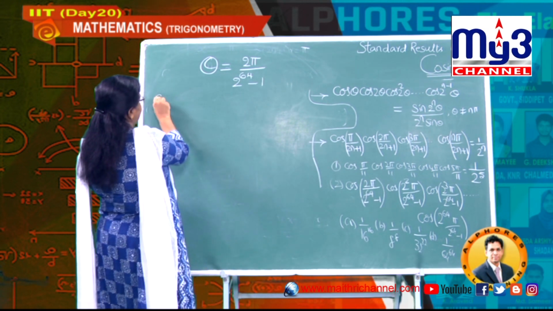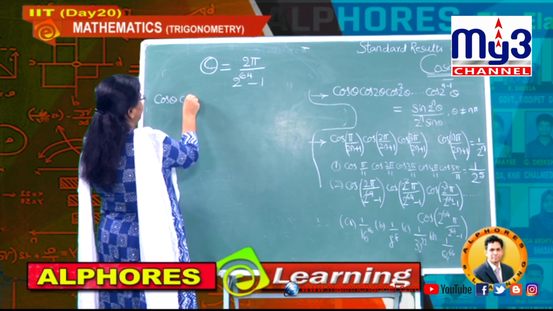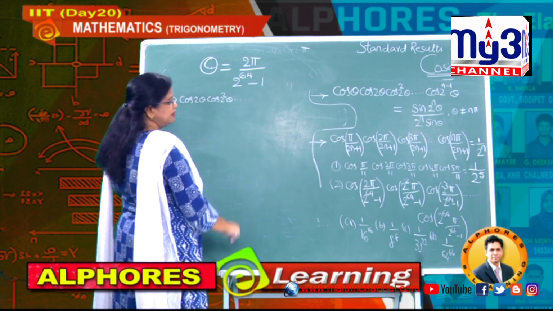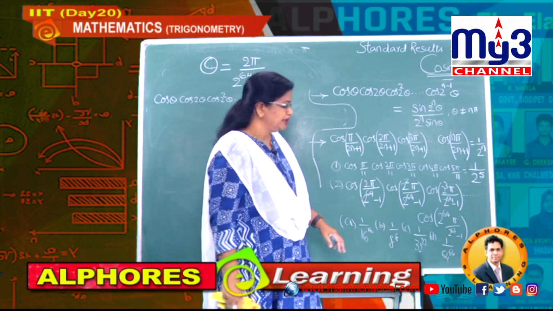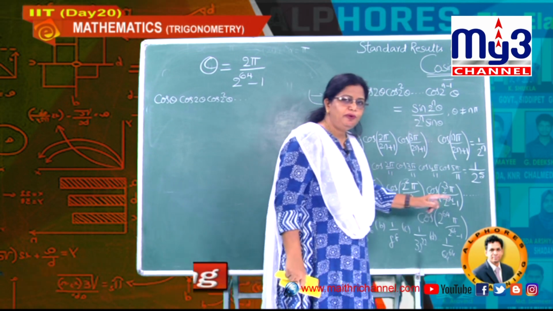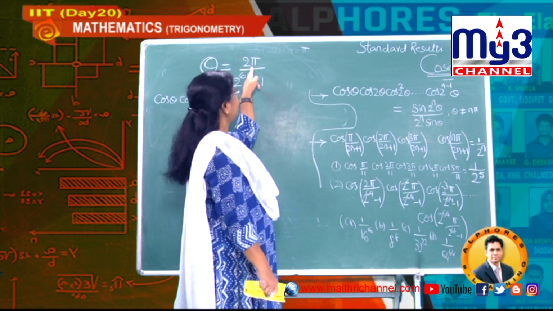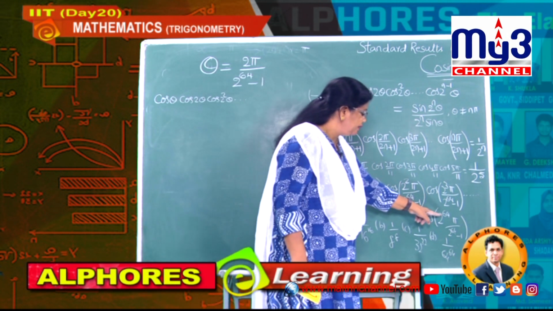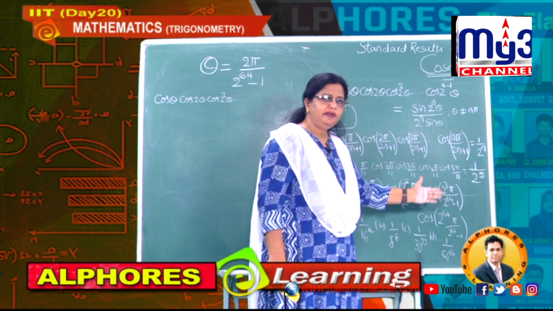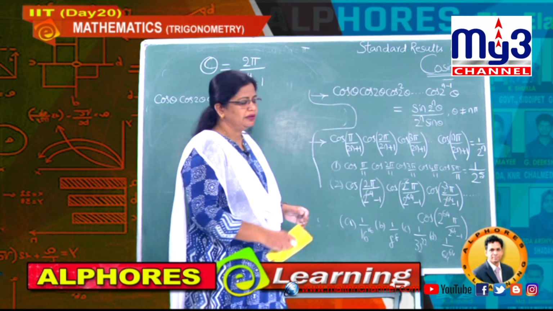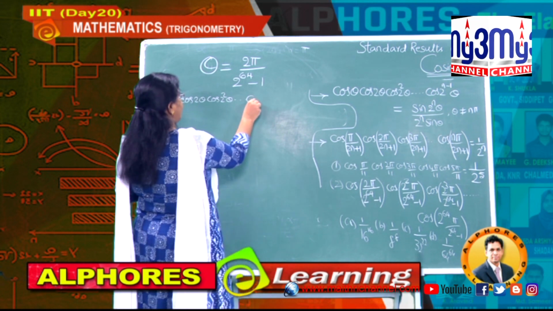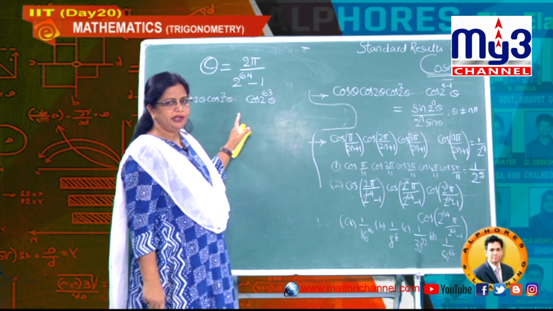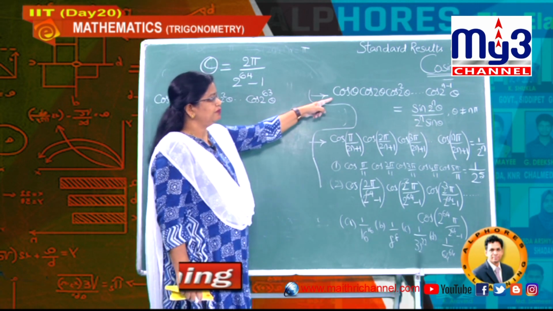Now the problem is cos theta, cos 2 theta, cos 2 square theta. Now ended with where? That is very, very important. What is your last term here? 2 power 64, right? But what we have taken? 2 pi, along with 1 2 we have taken. Therefore you have to take 2 to the power of 63 into 2 pi by that result. Understand? That's why this is cos 2 to the power of 63 into how much, students? Theta. Got it?